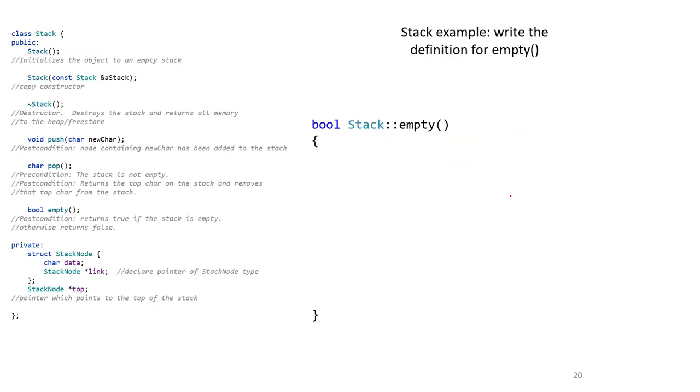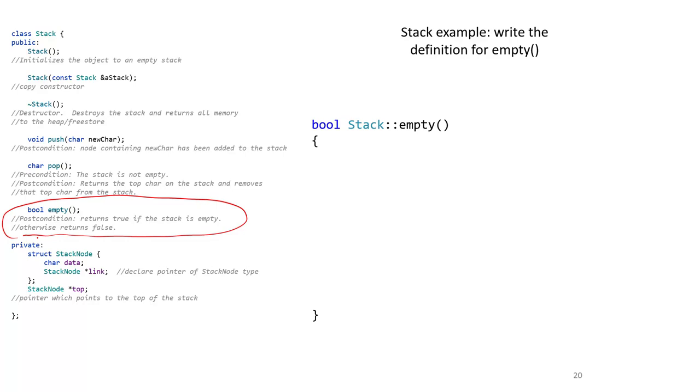All right, so let's now try another one. In this case, we have our function empty. As noted in our postcondition comment, this function should return true if our stack is empty. Otherwise, we return false.